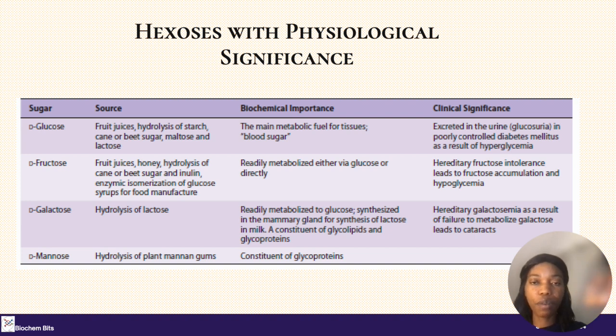And some of these hexoses also form some complex interaction with other biological molecules like proteins to help in the maintenance of biological membranes and biological fluids.